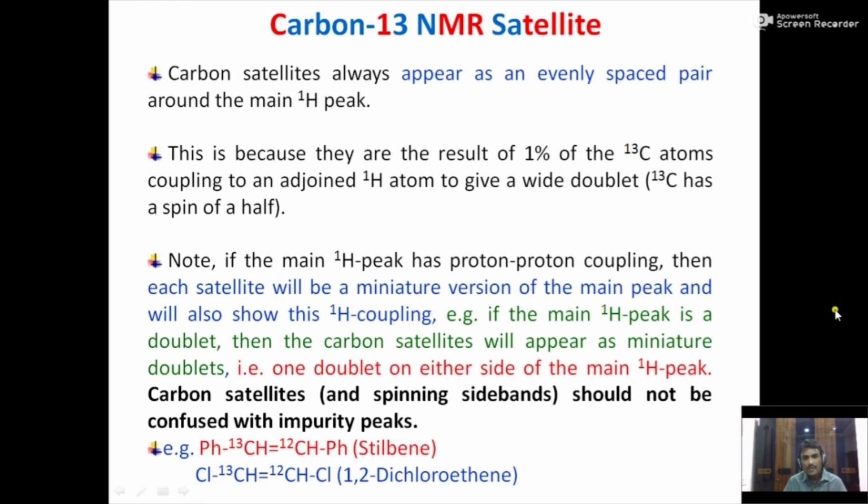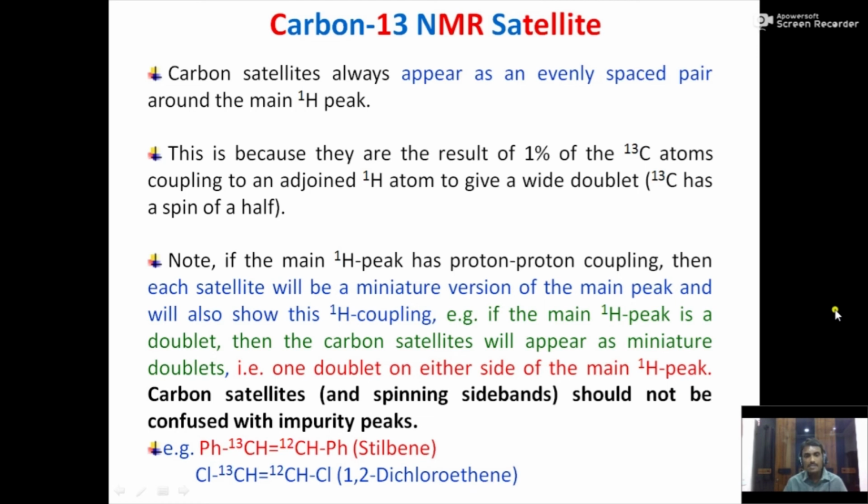Note, if the main H1 peak has proton-proton coupling, then each satellite peak will be a miniature version of the main peak and will also show this H1 coupling. We will take an example. If the main H1 peak is a doublet, then the carbon satellites will appear as miniature doublets on both sides of this main doublet, because of proton coupling.